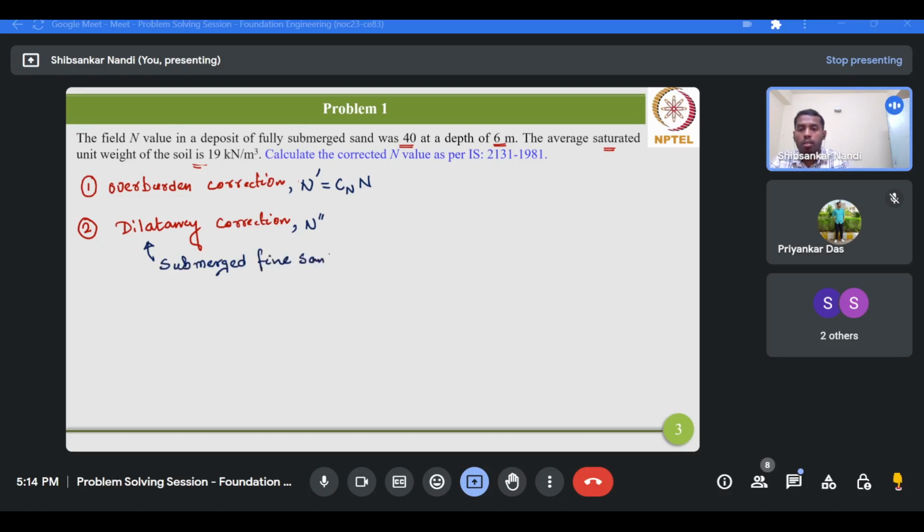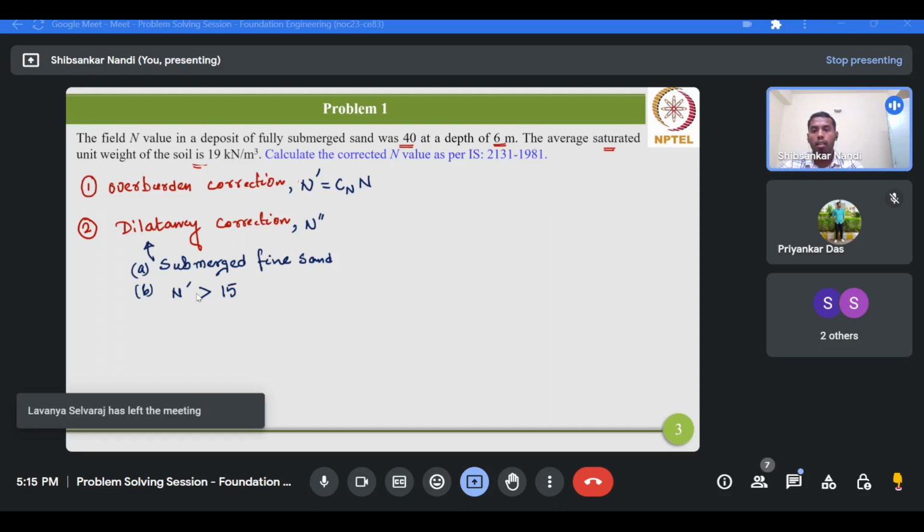Okay, so this is one condition, and the next condition is that after correcting for the overburden pressure, this corrected SPT N value should be greater than 15. If these two conditions are met, then there is a need for dilatancy correction. Otherwise, there is no need to go for dilatancy correction.